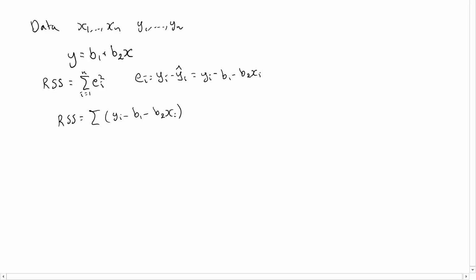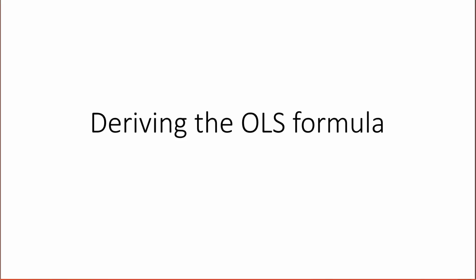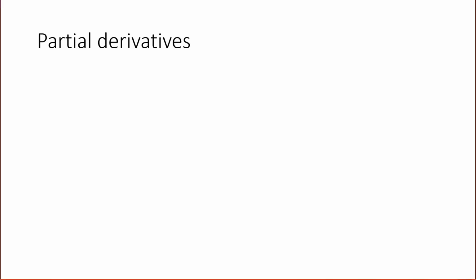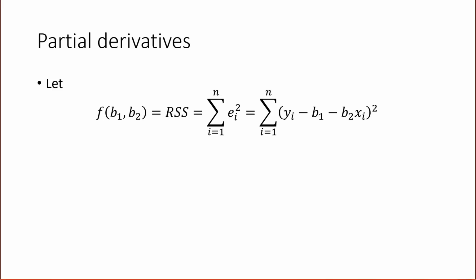And we're typically used to thinking of functions as depending on the x variable. But you have to keep in mind here that the variables are b1 and b2. The x's and the y's, you just have to think about as constants. So what we need to do is define a function of these two variables, b1 and b2, and that function shall be the RSS.